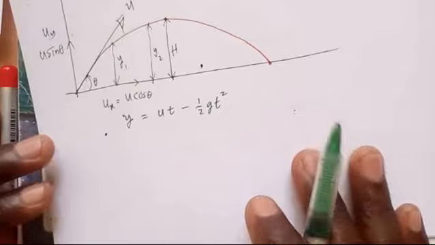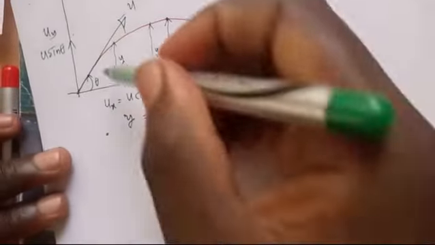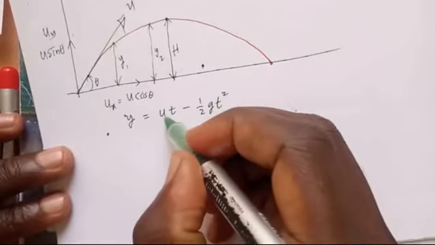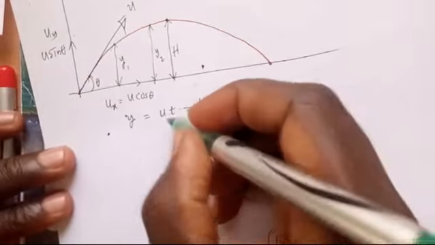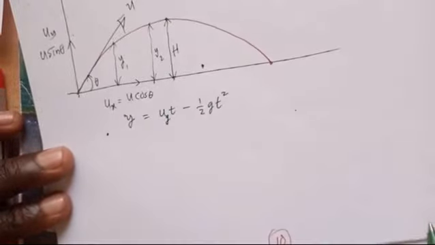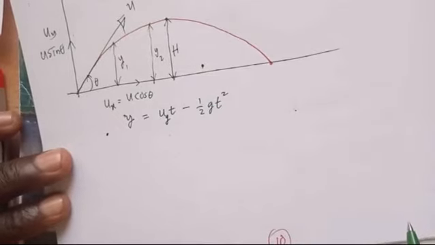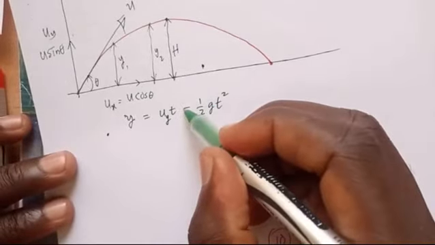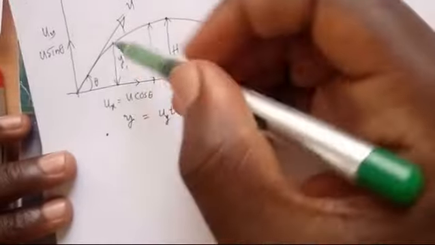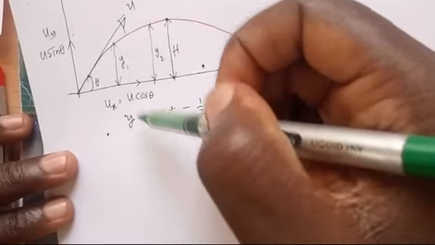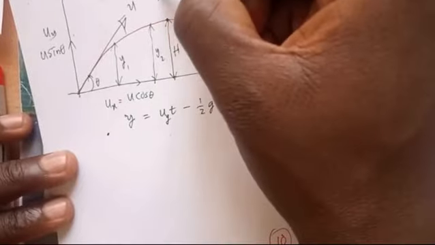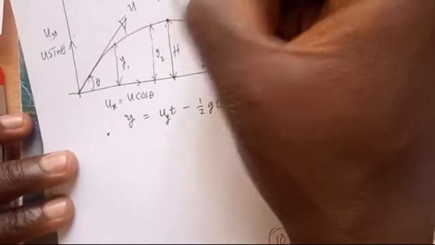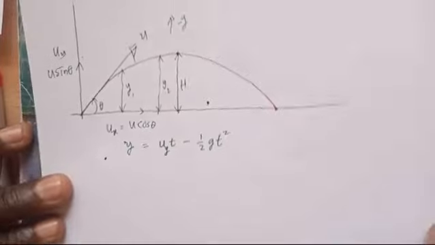Now, since this height is vertical, the velocity we will consider here is not horizontal velocity but vertical velocity. So this is u sub y. Another thing is that, remember, we put negative here because for it to have this y, it has to move upward, and when an object moves upward, g is considered negative.